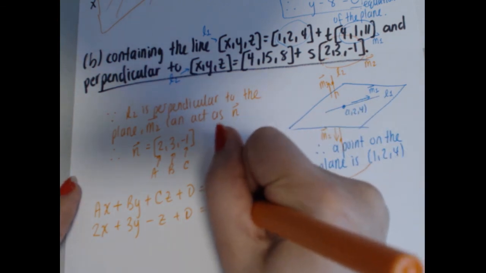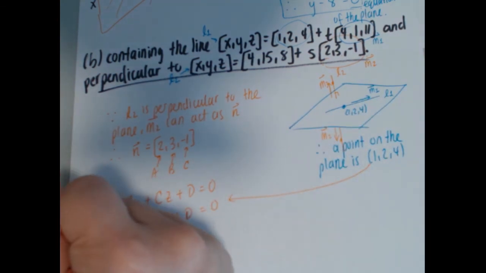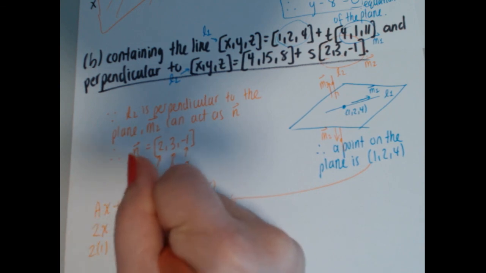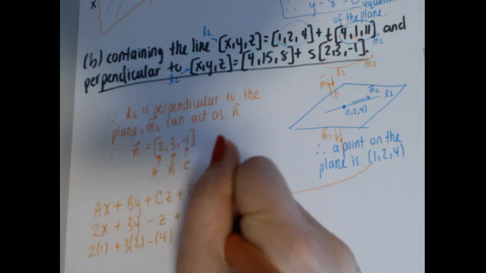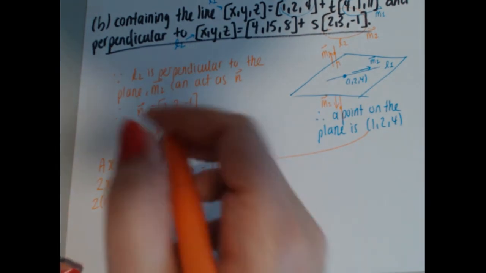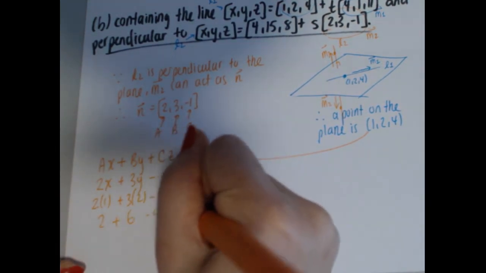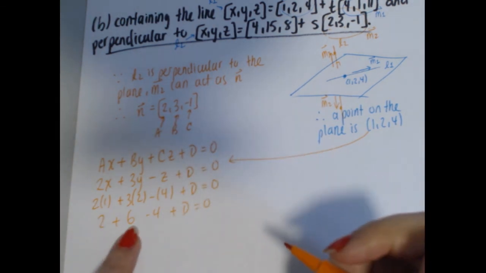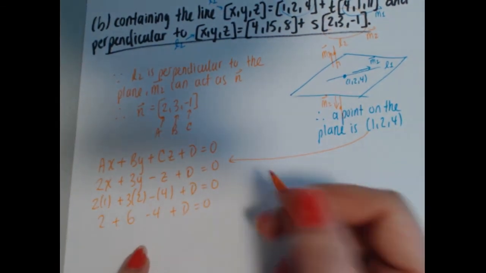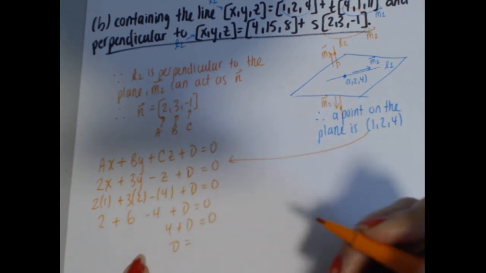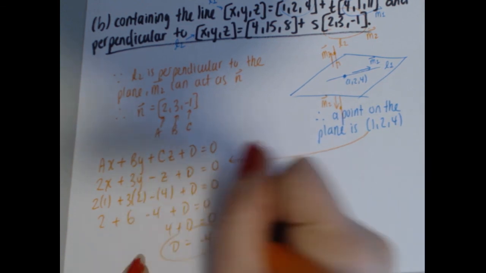So we're going to take that point, plug it in for X, Y, and Z. So 2 times 1 plus 3 times 2 minus 4 plus D is equal to 0. So 2 plus 6 minus 4 plus D is equal to 0. 2 plus 6 is 8, minus 4 is 4. So 4 plus D is equal to 0, which means D is equal to negative 4.